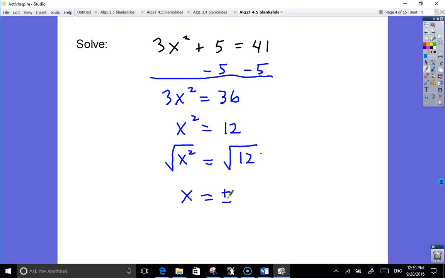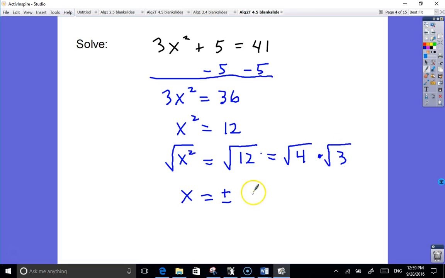But the square root of 12, what you don't do is turn it into a decimal. You have to simplify it without turning it into a decimal. So you have to think, is 12 a perfect square? Does it have any factors that are perfect squares? Which factor of 12 is a perfect square? 4, right? So you can write it as the square root of 4 times the square root of 3.